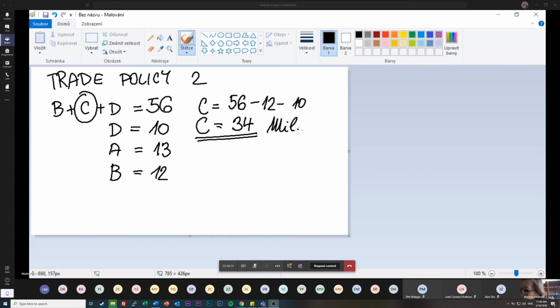So what they get is not 34, they have 5 million less, that's 29. Okay? And the last one, what was the total consumer surplus decrease as an impact of the quota imposition?